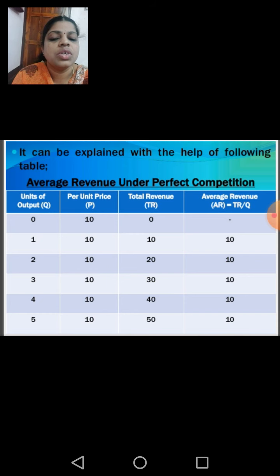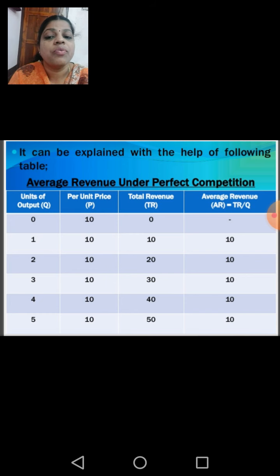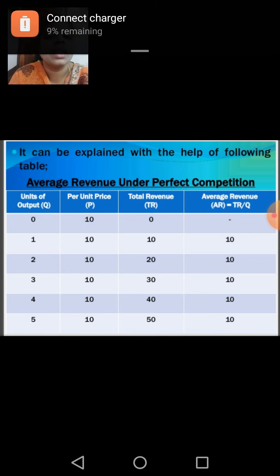So here children, what is this? What do you infer from this schedule? Here the average revenue and the P are almost the same. No other changes in the P and the AR. Why? Because using the formula we have derived that the price is constant almost in the entire period also.